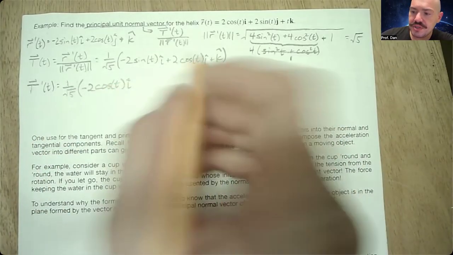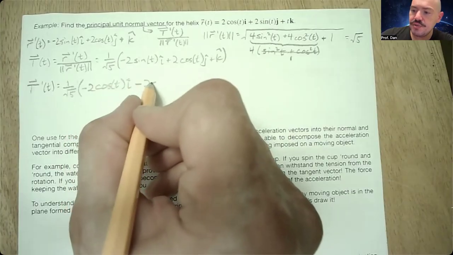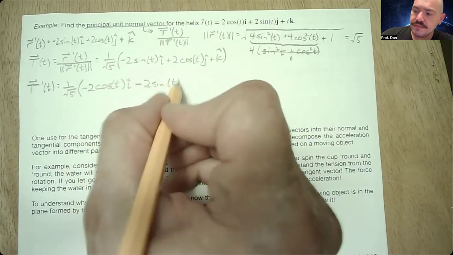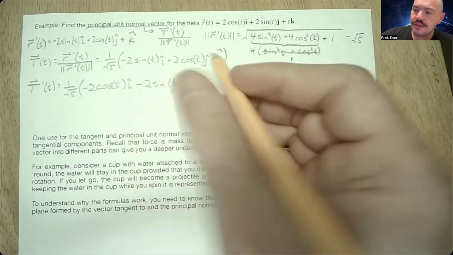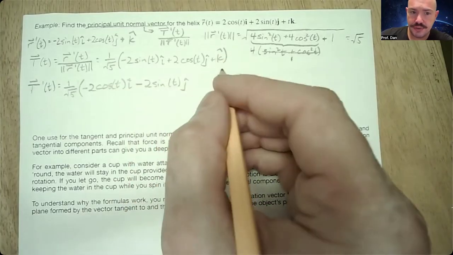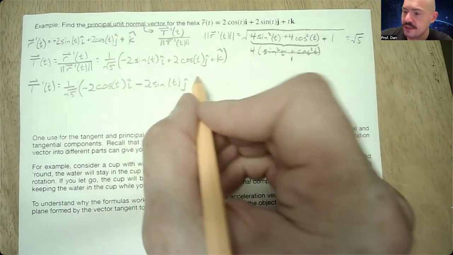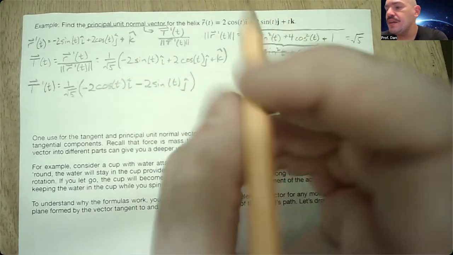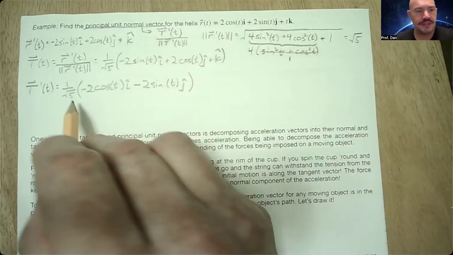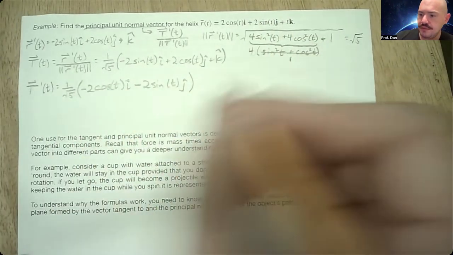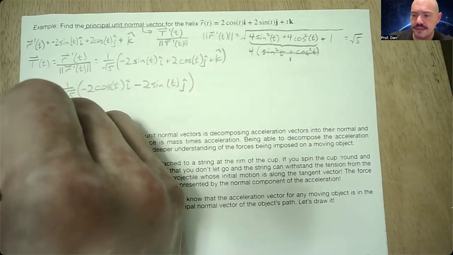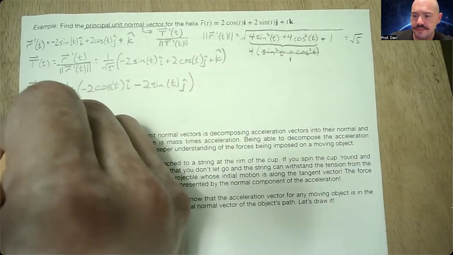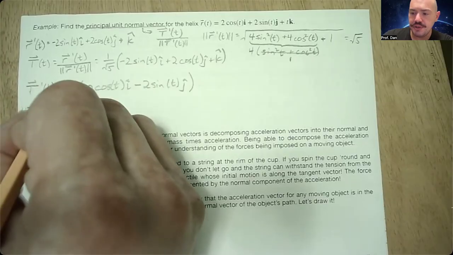Derivative of 2 cosine t, we get negative 2 sine of t. And then the derivative of 1 is 0, so we no longer have a k component. And now that we've determined T prime of t, we're going to need to find its magnitude in order to get our principal unit normal vector.